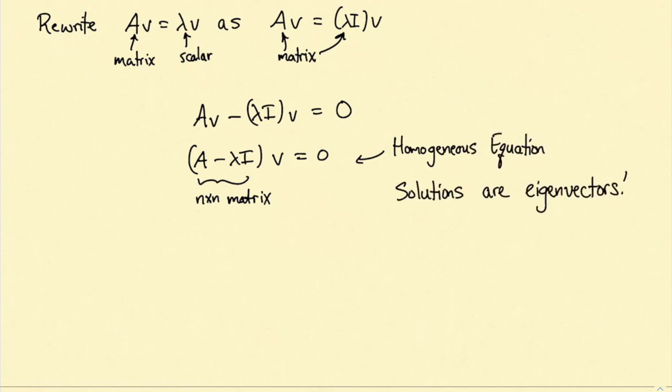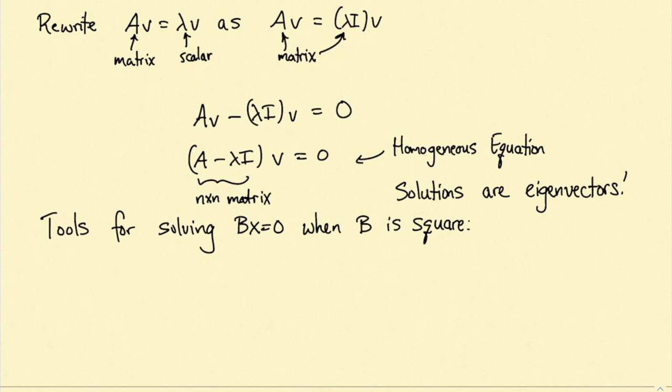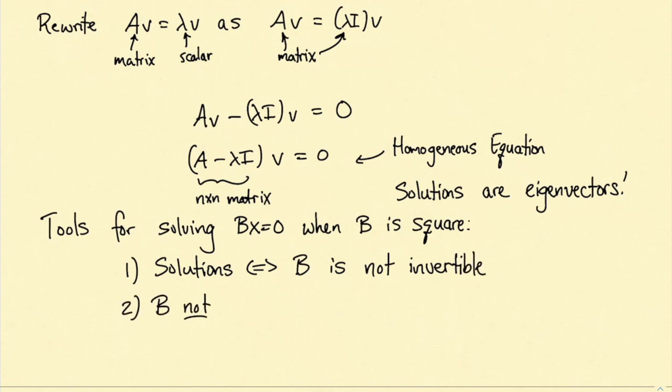And of course, we've developed lots of tools for solving homogeneous equations involving square matrices. The first is that there are non-trivial solutions to such a homogeneous equation if and only if the matrix B is not invertible. And two, we know that B is not invertible if and only if the determinant of B is equal to 0.